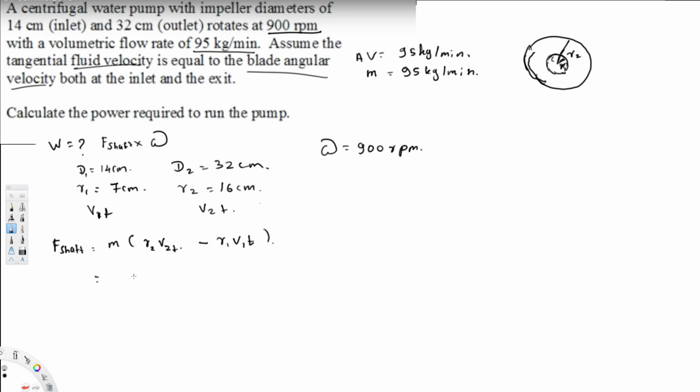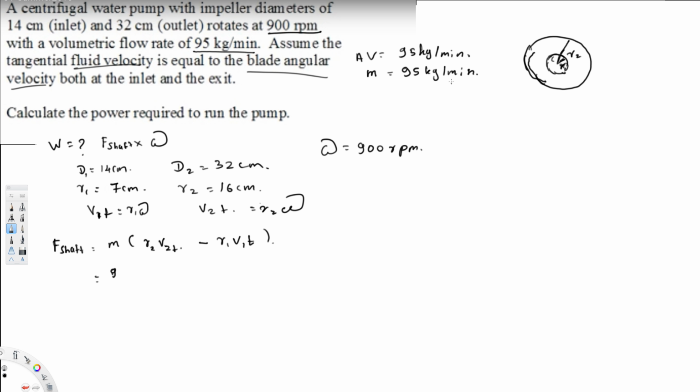So let's put all the values. They are saying the fluid velocity is equal to the blade angular velocity. So V1t is equal to R1 times omega, and V2t is equal to R2 times omega, right? So let's put all the information. M is equal to what? 95 kilogram per minute.